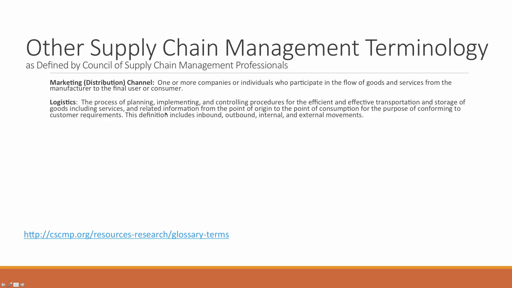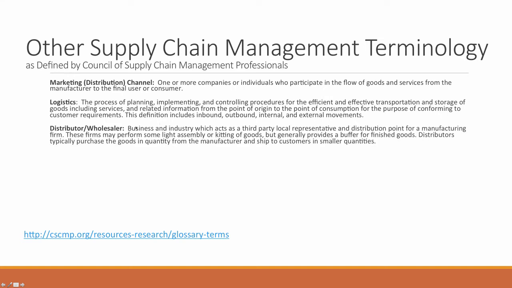Logistics we've already defined. A distributor or wholesaler, and wholesaler is probably the preferred term here. These are businesses that act as third-party representatives or distribution points for a manufacturing firm.